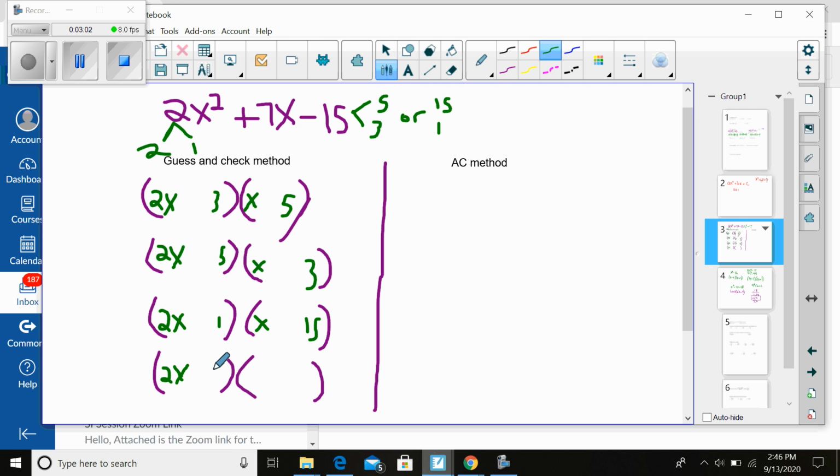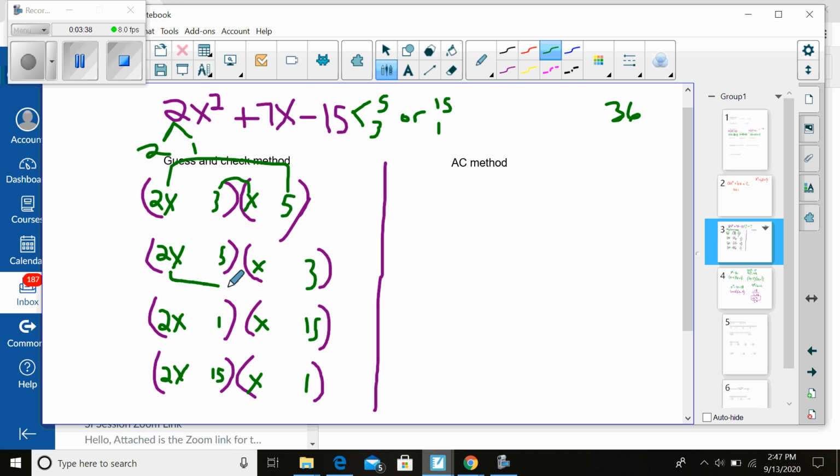Okay, so I've listed out all of the possibilities. The guess and check method is not horrible when the a term only has 2 factors and the c term only has 2 pairs of possible factors. Imagine my last number was 36, which has tons of possible different factors, and then I'd have tons of different things to check. That would not be so fun. Now, when I come here, this is 10, this is 3.